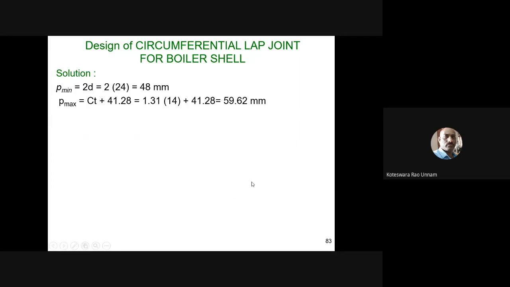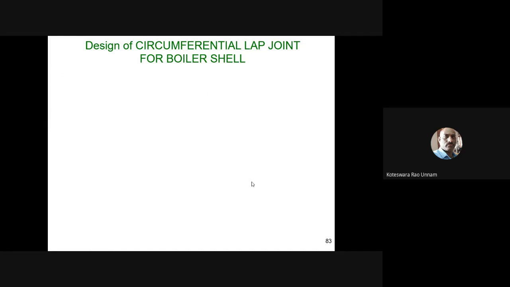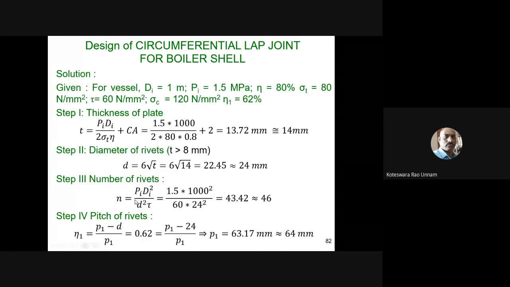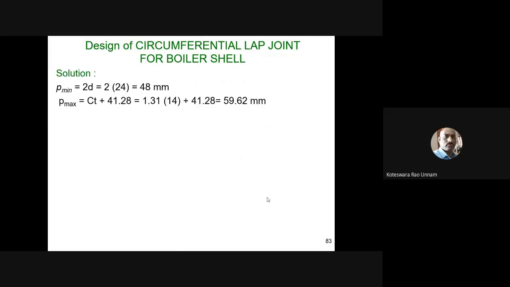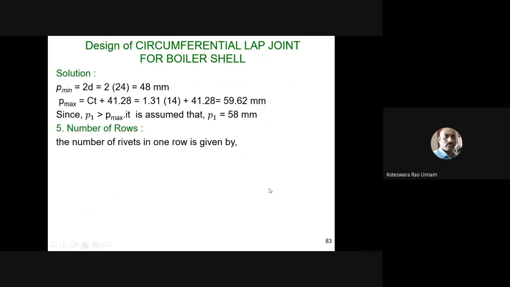But what is the total number of rivets I got from the previous calculation? I got only 46. I have only 46 rivets in total, but here in my calculation I should have 55 rivets in one row. Is it possible?